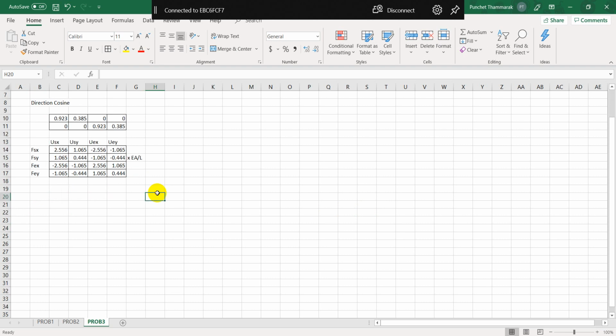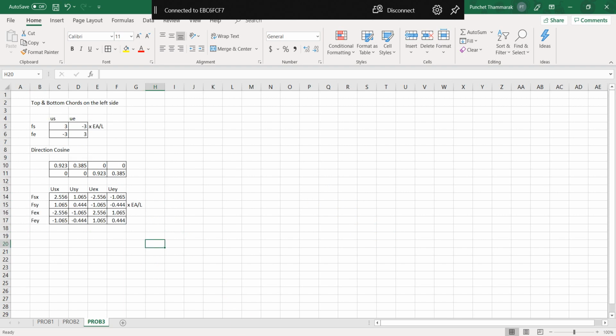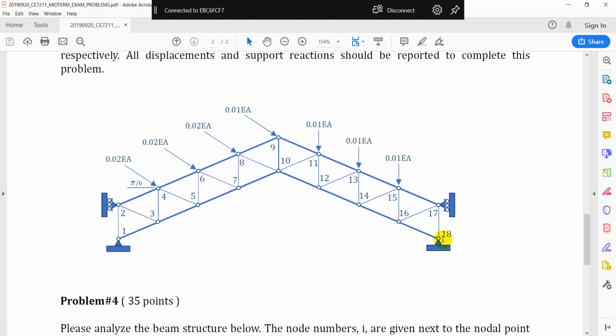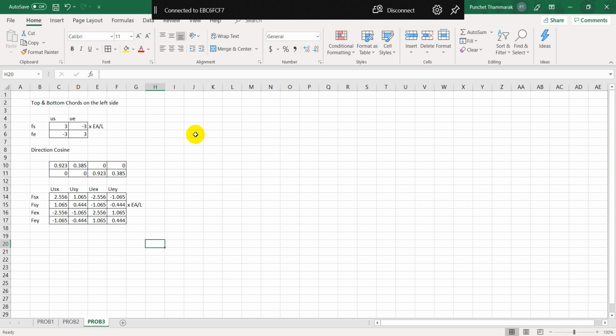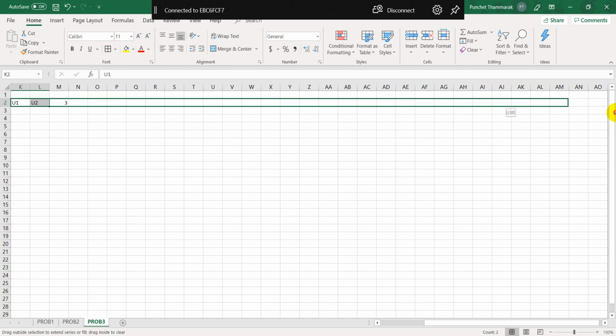Now, just got to drop things in. What do we have here in total? 18 nodes. That makes 36 degrees of freedom. 36, right? Basically make it U1, U2, okay, U3, all the way to 36.